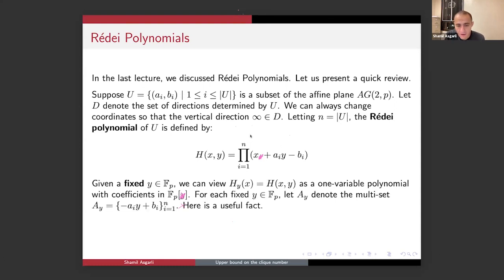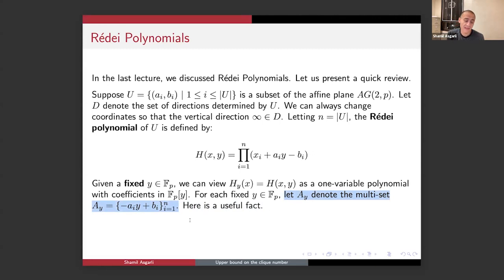I'm going to clear the annotations so that we're not distracted. For each fixed y, we're going to look at the set A_y, and A_y denotes the multiset of minus a_i y plus b_i, i goes from 1 to n.